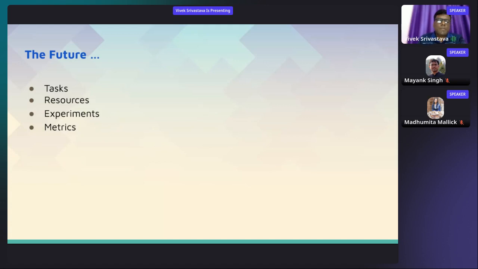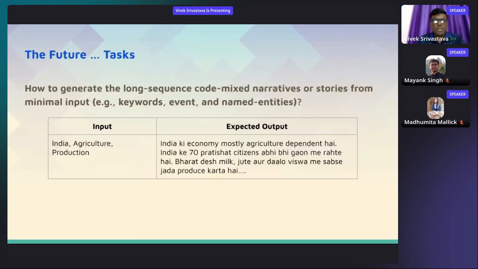And there are four different dimensions which I want to talk about: task, resources, experiments, and metrics. First, let's see how the different tasks could look like. Let's say there is this task of long sequence code mixed narratives that we can generate, and the input is very minimal.